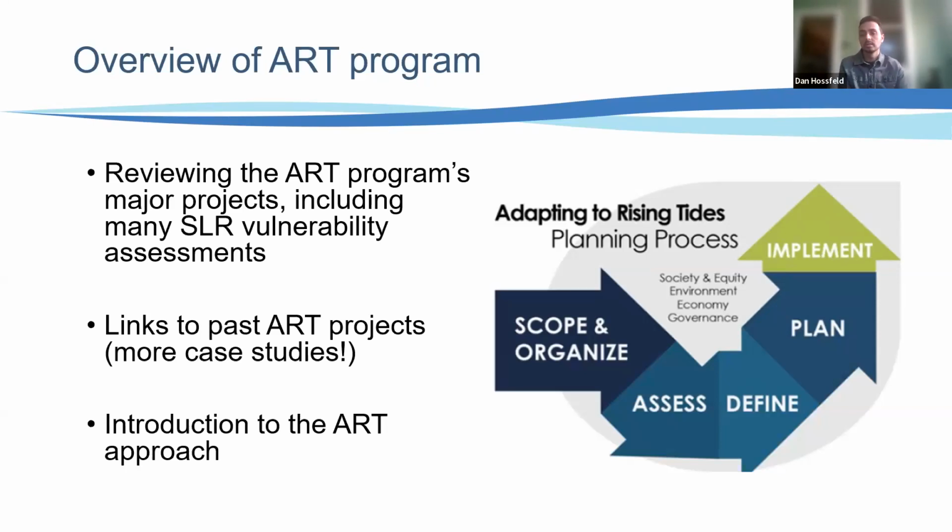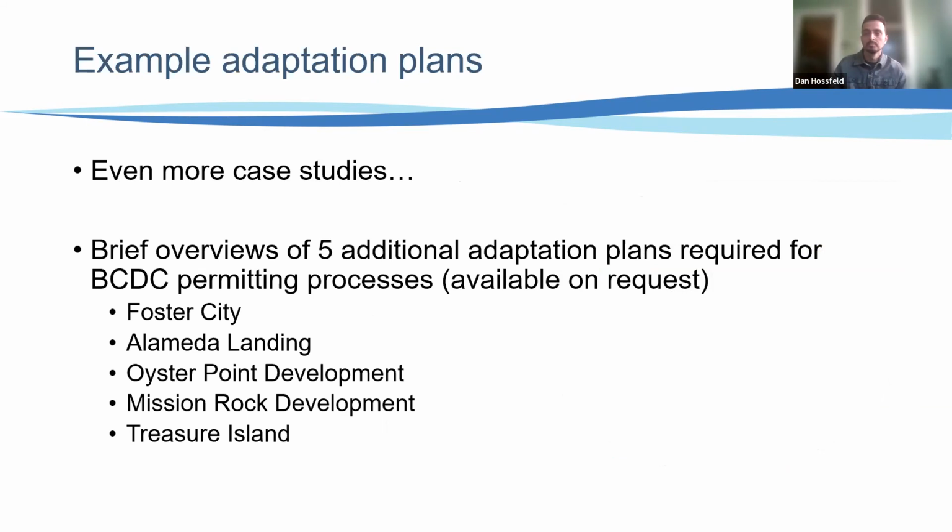Those methods are published on the ART team's website. We'll provide a link for anyone interested to see how the ART team went about quantifying impacts to transportation networks, vulnerable communities, future growth areas, so like possible development areas, and natural lands.